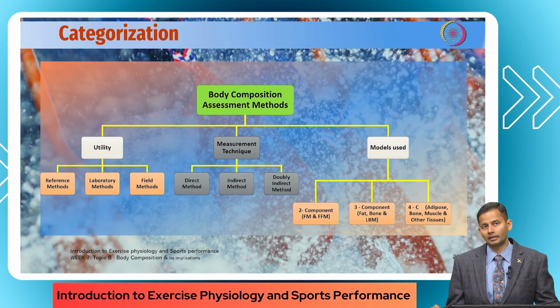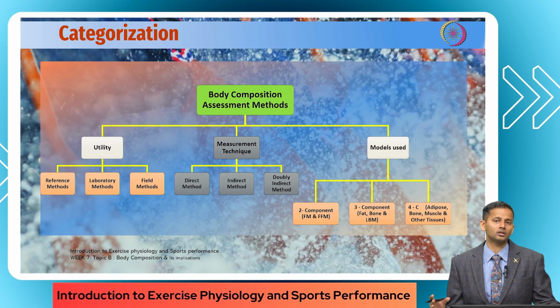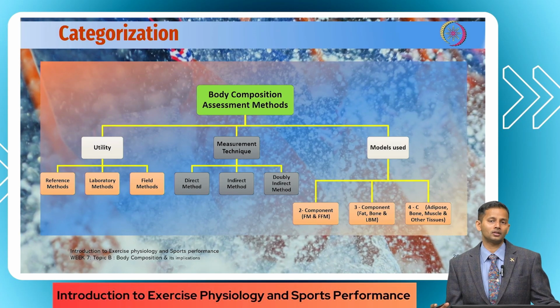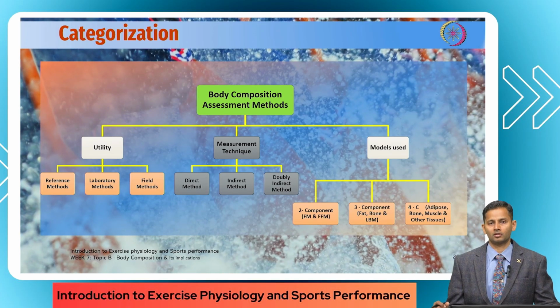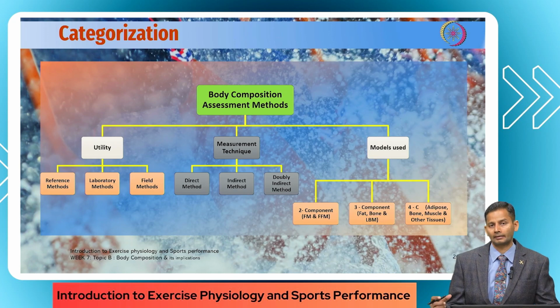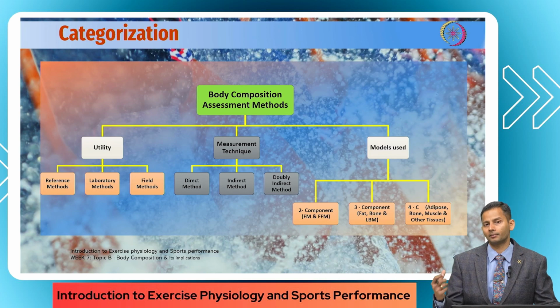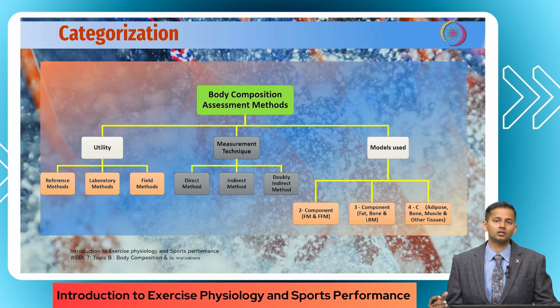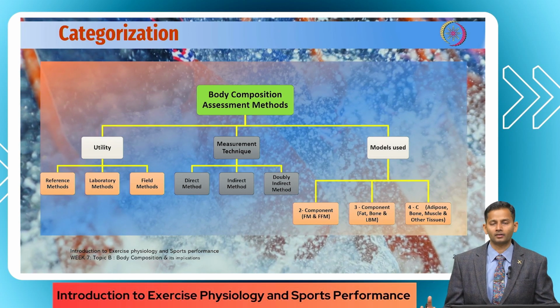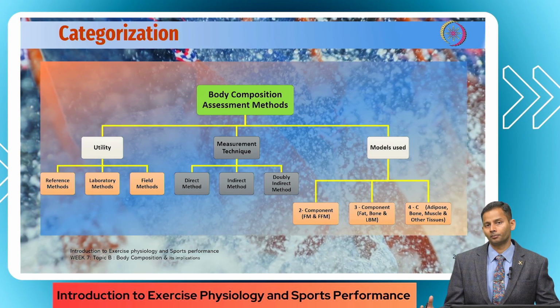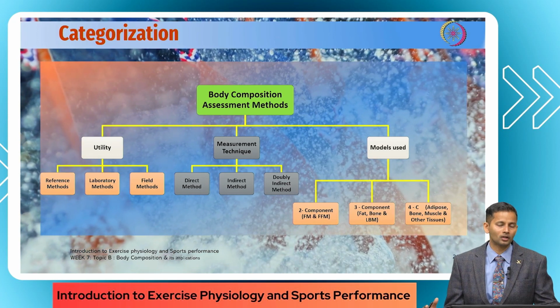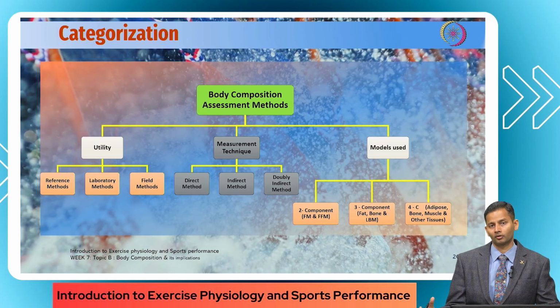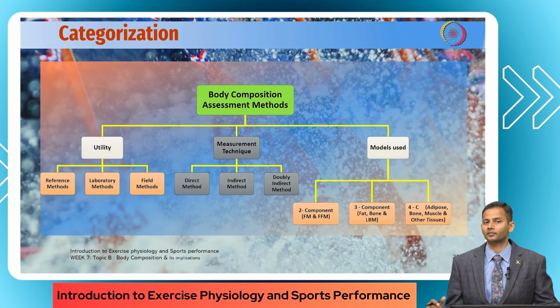With respect to the measurement techniques, if the assessment method directly measures the body composition, then it is a direct method. It uses some methodology by which it directly measures. For example, the DEXA scan directly measures your bone mineral content. So bone mineral content is a direct output of DEXA.